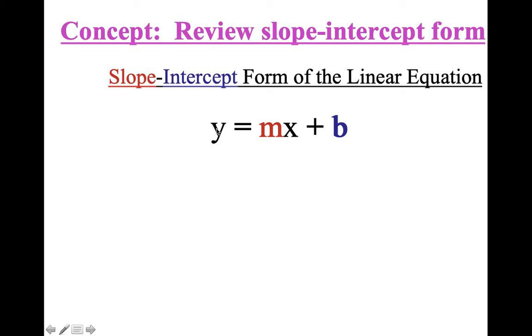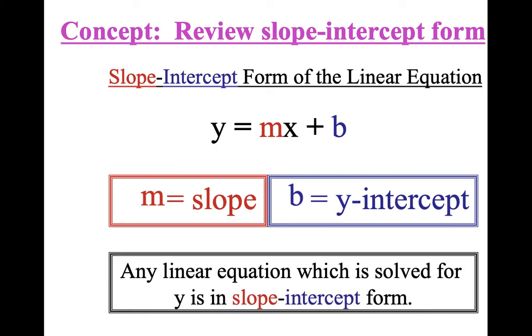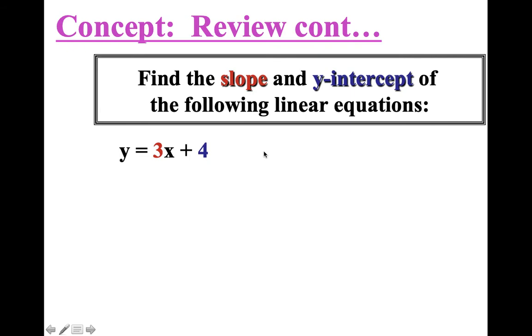As long as y is by itself, which we'll solve for later on, then it equals slope times x, whatever x is, plus the y-intercept. So m is the slope, b is the y-intercept. So any equation that's written in the slope-intercept form, which means it's solved for y, m is going to be the slope, and b is going to be the y-intercept.